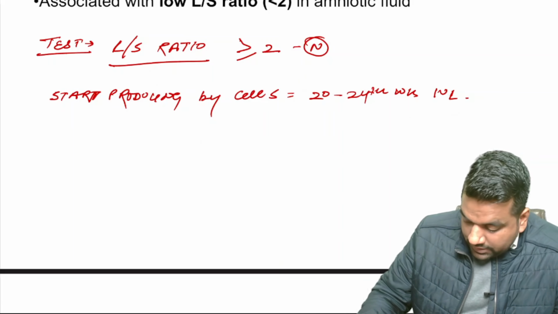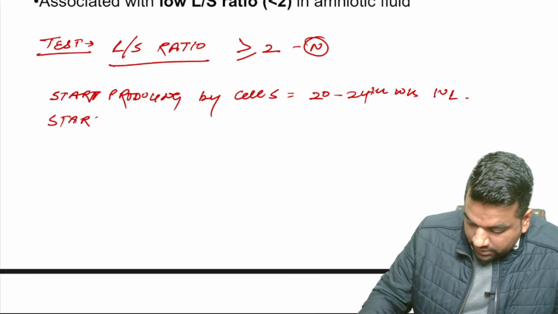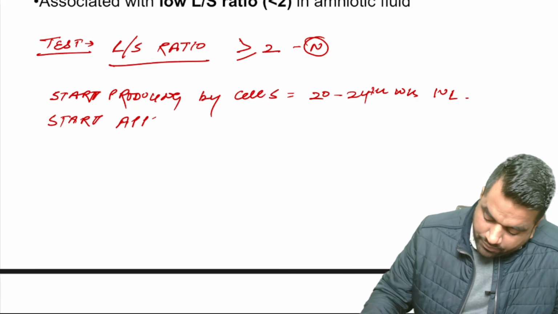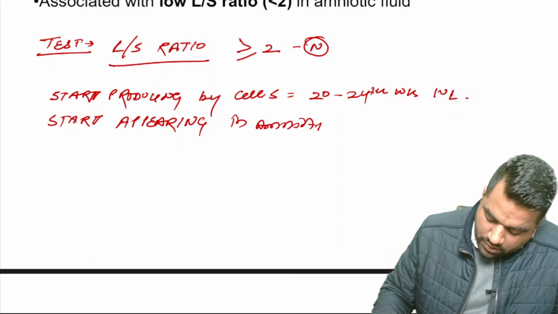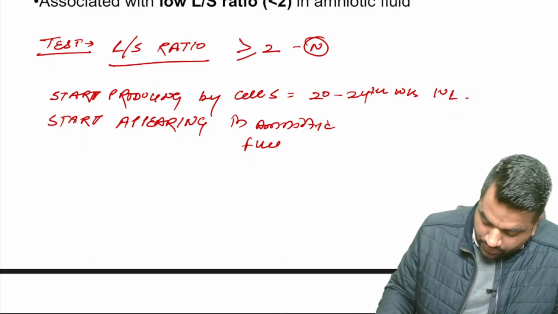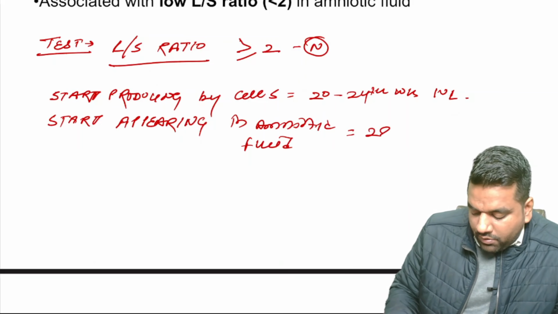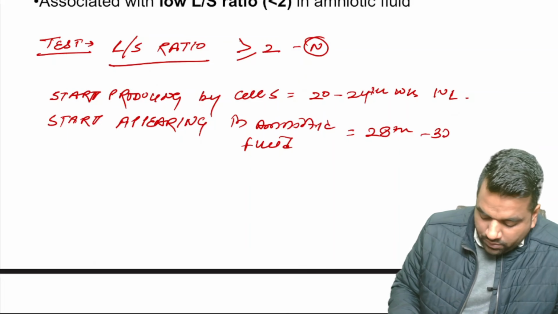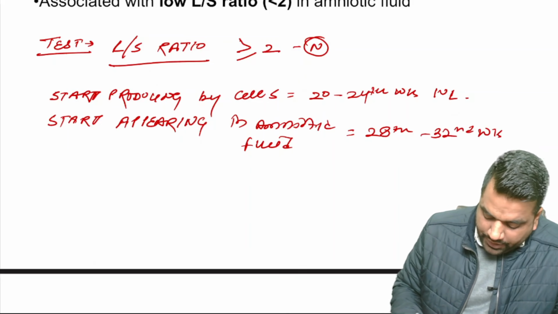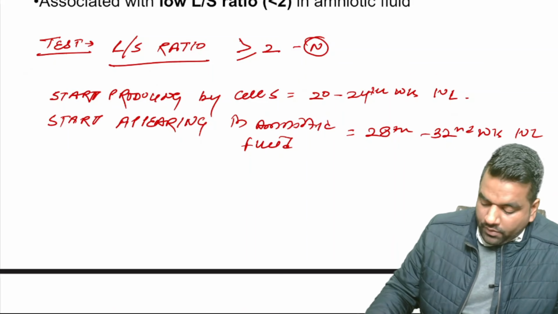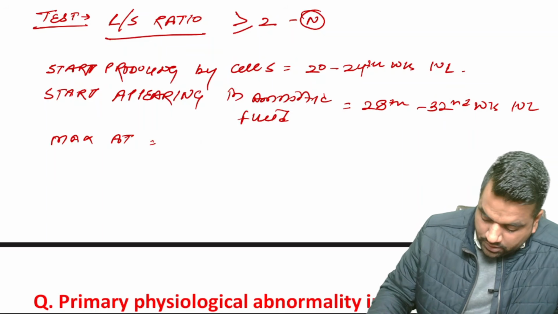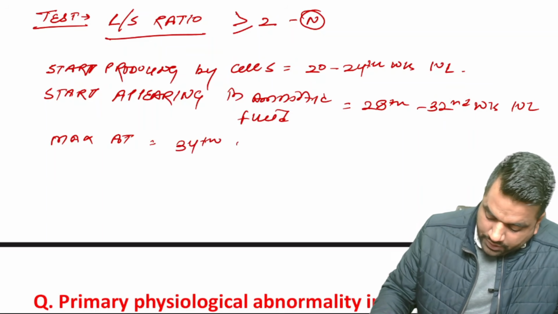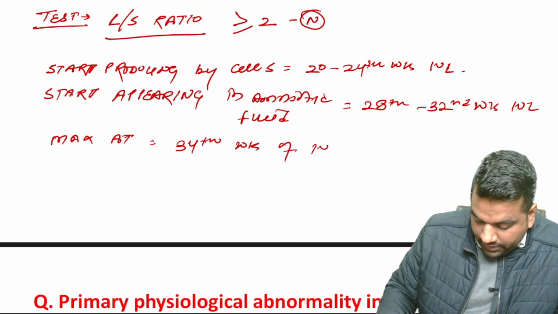If the question asks when it starts appearing in amniotic fluid, then the answer is the 28th to 32nd week of intrauterine life, and it is maximum at the 34th week of intrauterine life.